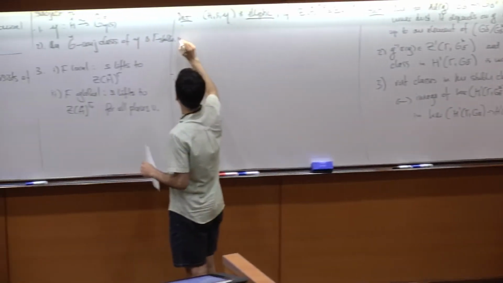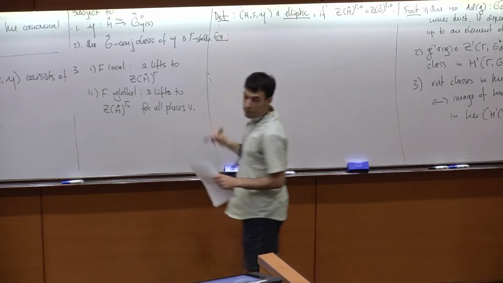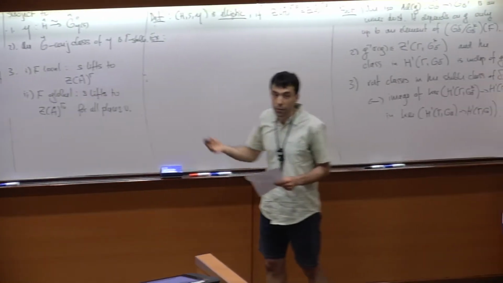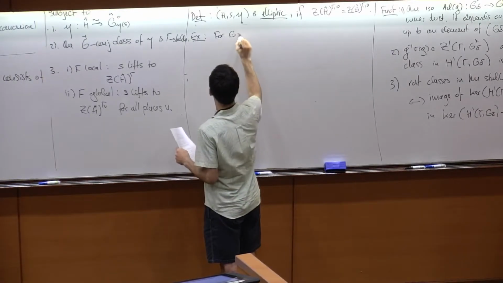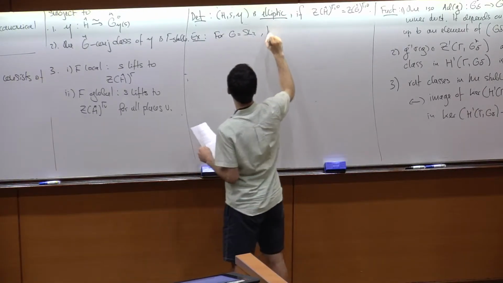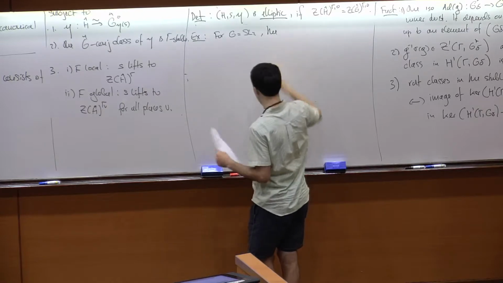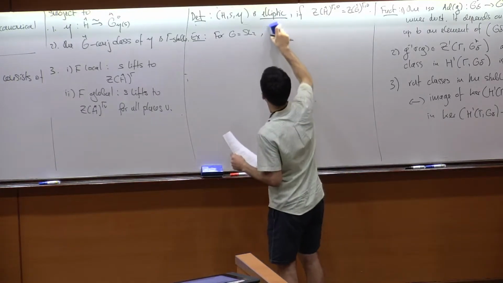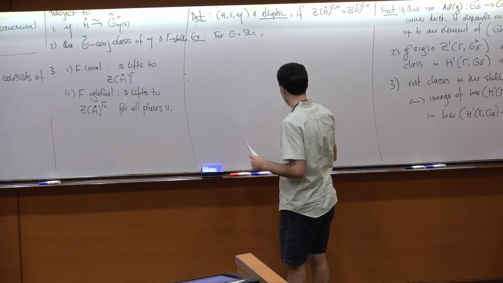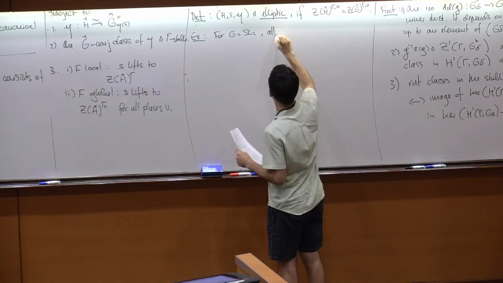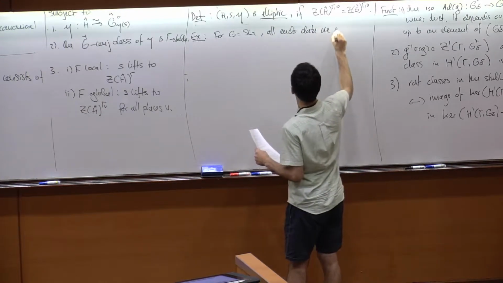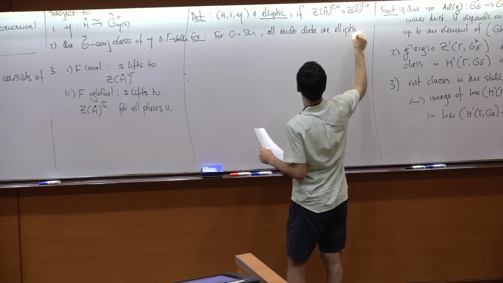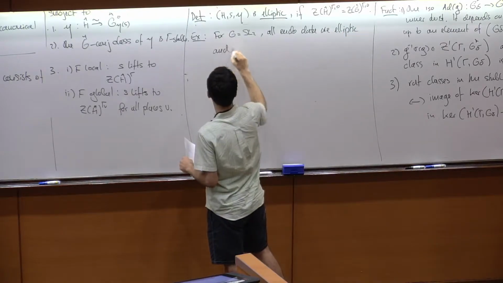Okay, let's do at least one example of such things, namely let's reconnect with SL2. So for G equals SL2, well, first of all endoscopic data are elliptic and have the following form.